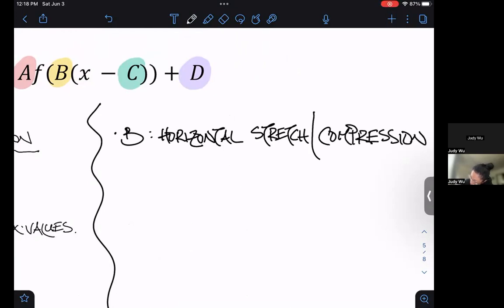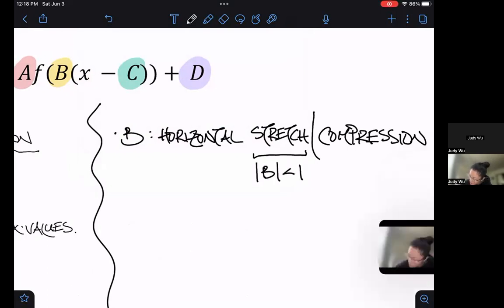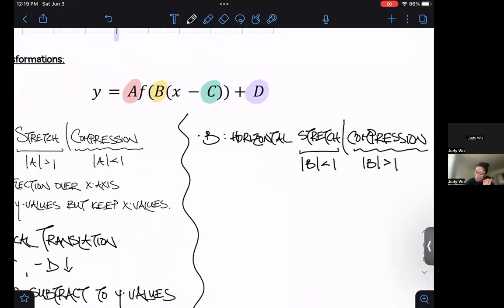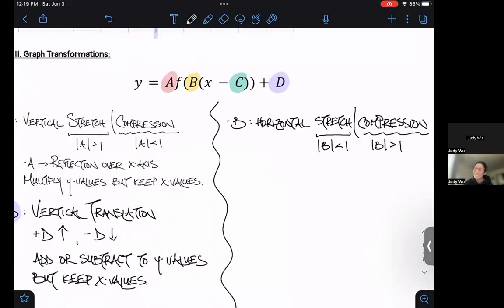It turns out that we get a stretch when the absolute value of B is less than 1, and we get a compression when the absolute value of B is greater than 1. Now that seems backwards from the vertical one, and it is. So if I saw B as a number like 10, I'm not stretching it by 10, I'm compressing it, I'm squeezing it in 10 times as close.